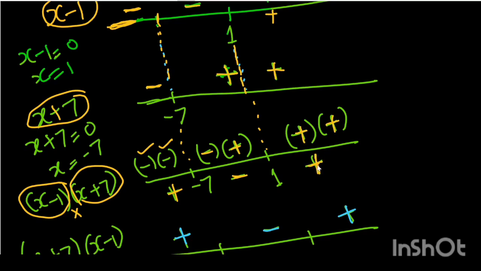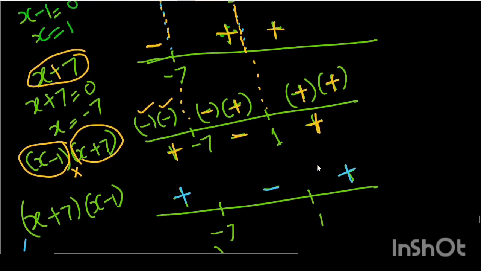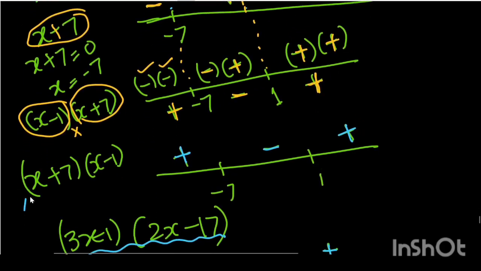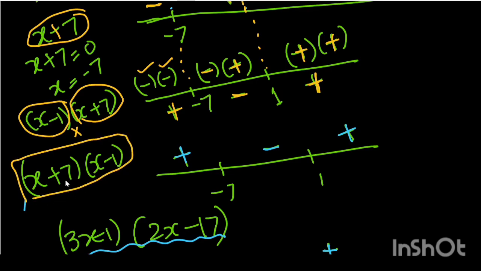So we concluded that for the quadratic expression containing two linear factors x plus 7 and x minus 1 in multiplication, the sign of that quadratic expression was plus minus plus with respect to the two linear factors, where minus 7 and 1 happen to be the roots of the quadratic equation.